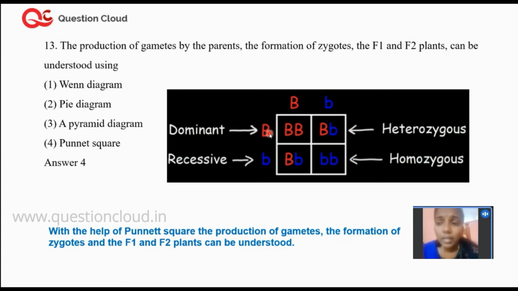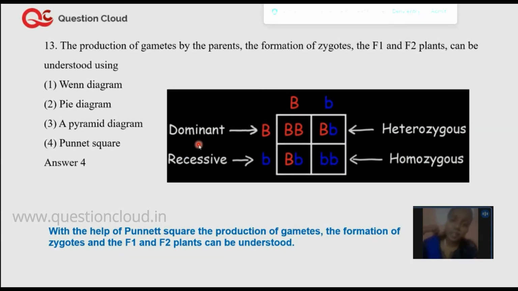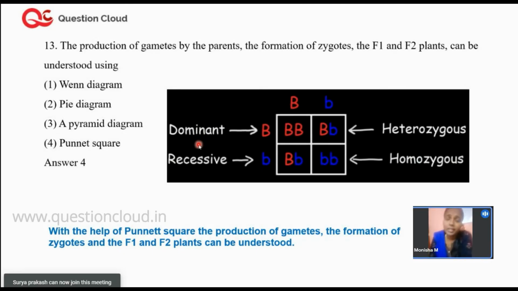Before we get into that, what is dominant? Dominant means in genetics, it's the characteristic or trait that is going to get expressed. So black hair versus gray hair: black hair is a dominant variety which usually gets expressed.